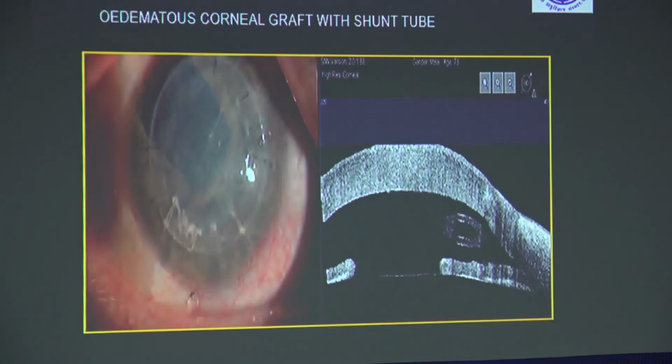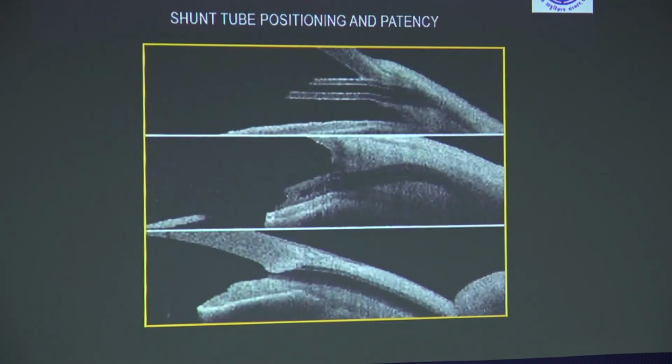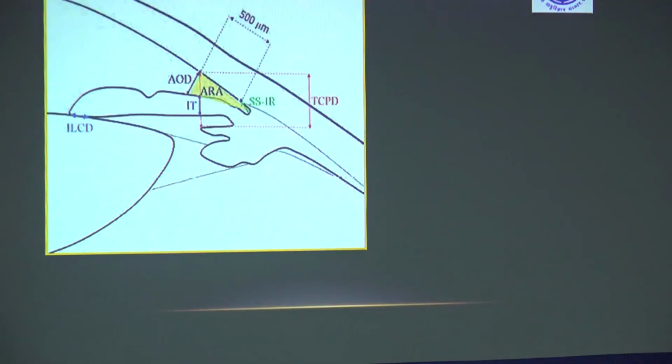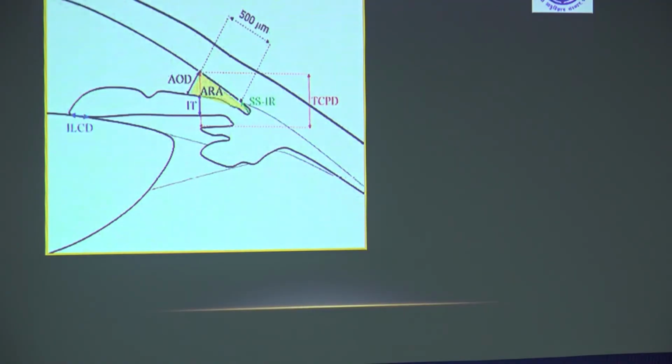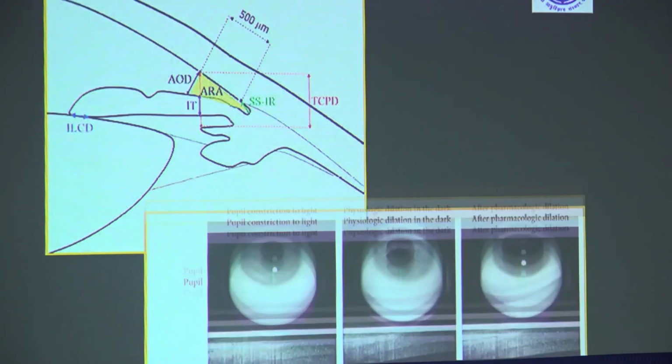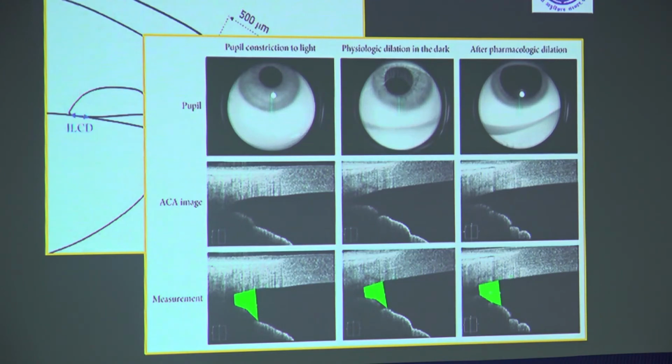You can also do anterior segment OCT in patients where you have implanted a shunt. You can see the relation between the tube and the corneal endothelium per se, and also the patency of the shunt tubes. And these are the different quantitative parameters that are helpful in identifying how your angle structures are.